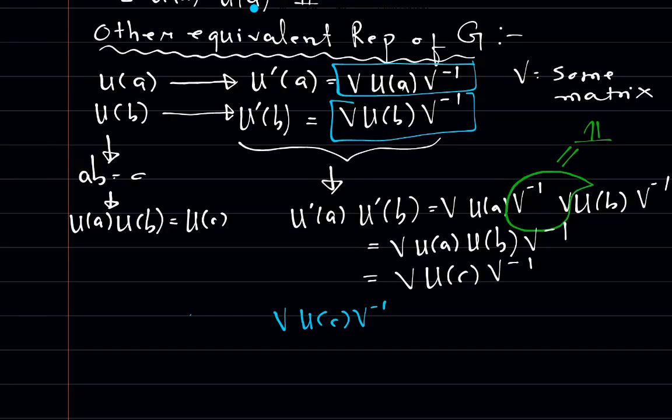This was our intuition, and we saw that it is the case, because when you multiply A and B, you should get C, and you got your C, and it looks the way we want it. So this is an equivalent representation. You have one representation, and from there you can go to some other representation.